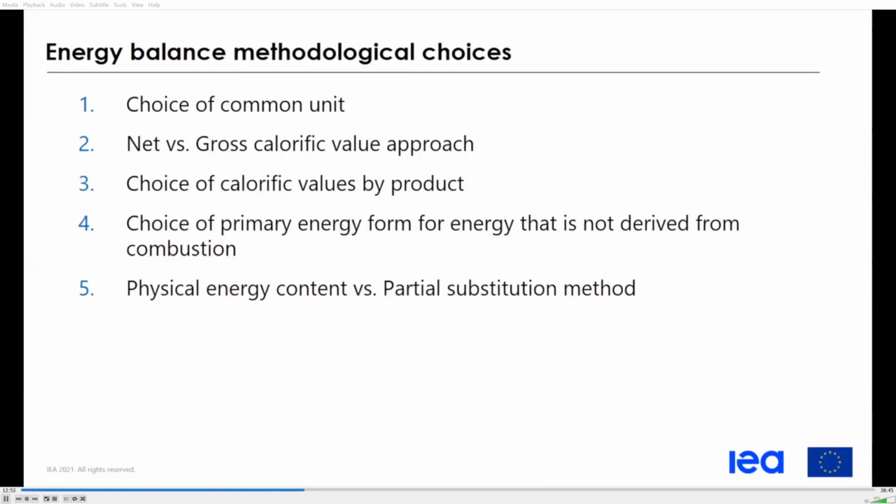There are essentially two methods that can be used to calculate the primary energy equivalent of these sources: the physical energy content method or the partial substitution method. Also, temperature adjustments made by countries should also be taken into account. And finally, we have to know if the balance is based on a fiscal or a calendar year basis.